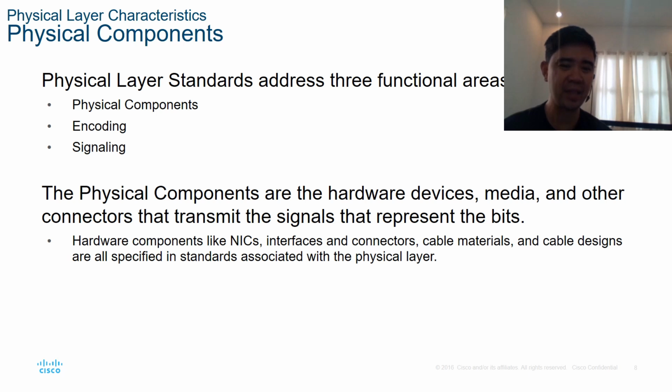IEEE has that. During our live session, we'll look into this. It also lists acceptable encoding and signaling methods that a manufacturer may look into if they were to manufacture a cable. The components include the devices, hardware, the media, and the type of connector.